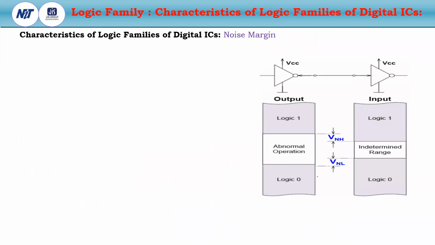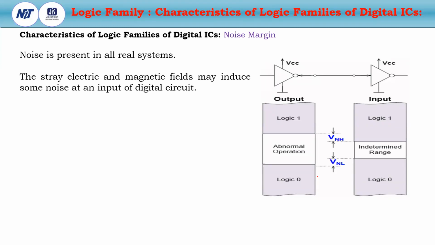Now, very important parameters are the noise margin and the noise immunity. Noise is present in all real systems. We should reduce it. Stray electric and magnetic fields may induce some noise at the input of digital circuits.